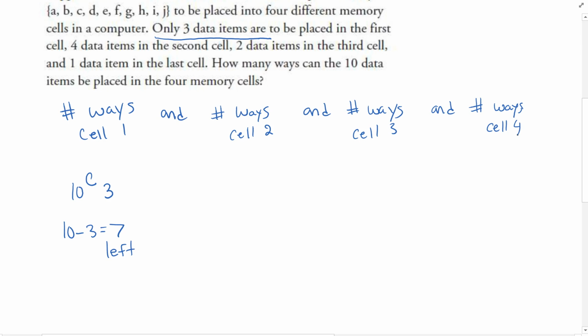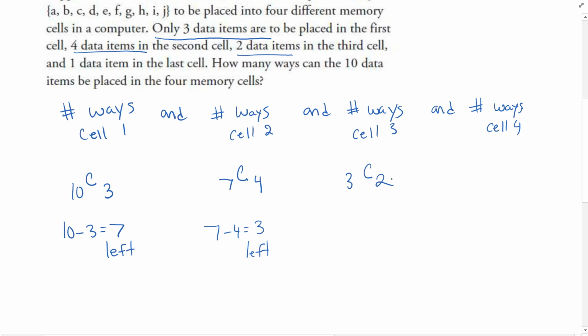Okay, so in cell 2, I only have 7 left to choose from, but it says we've got 4 items can be placed there. Well, those are taken care of now. I only have 3 left to place in data cell 3, and that would be 2 items that can be placed in there.